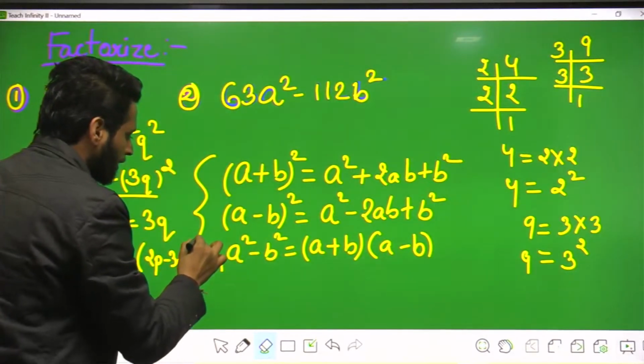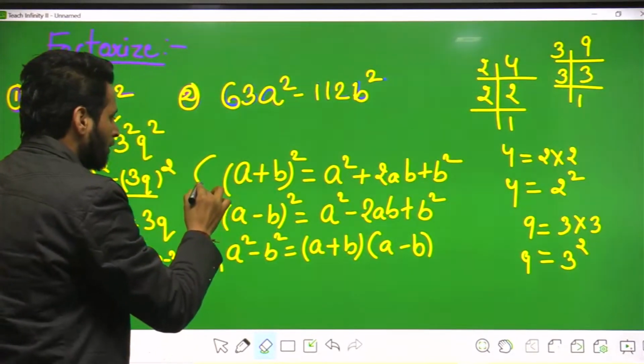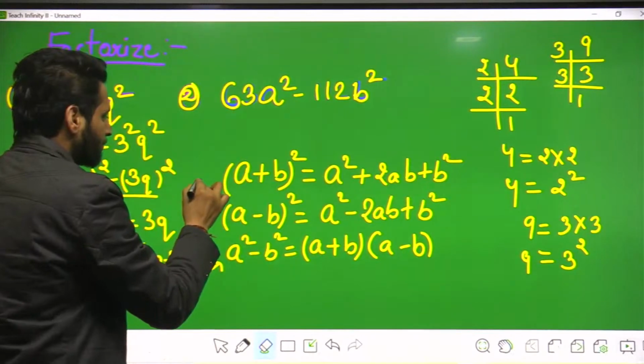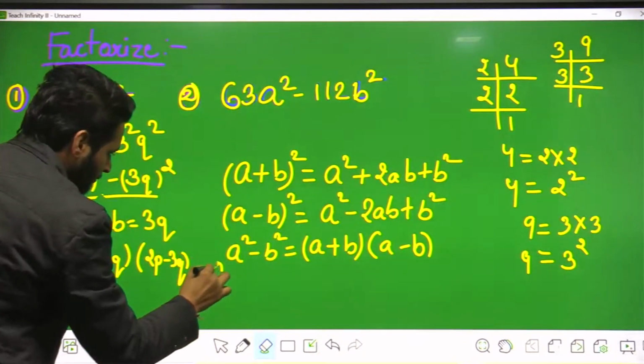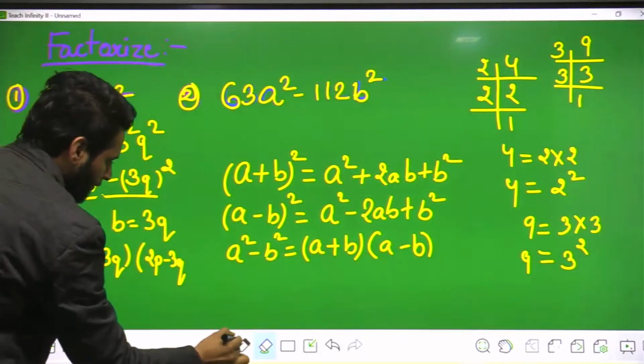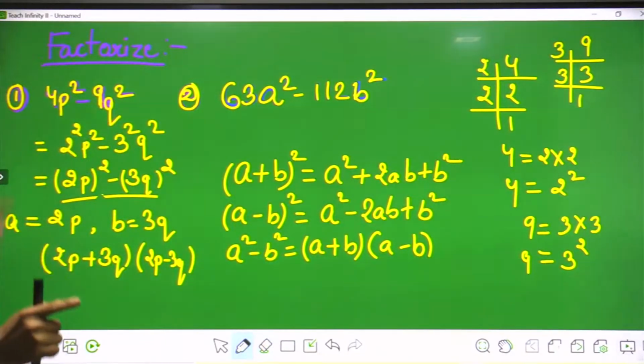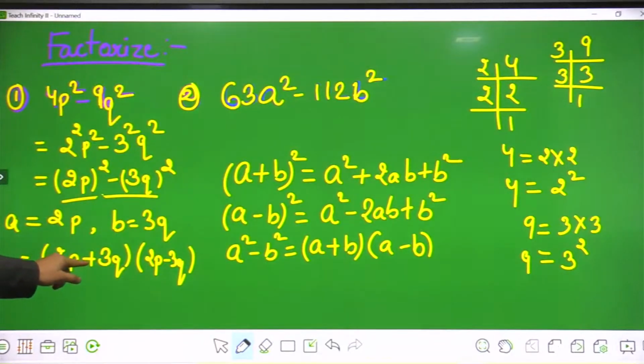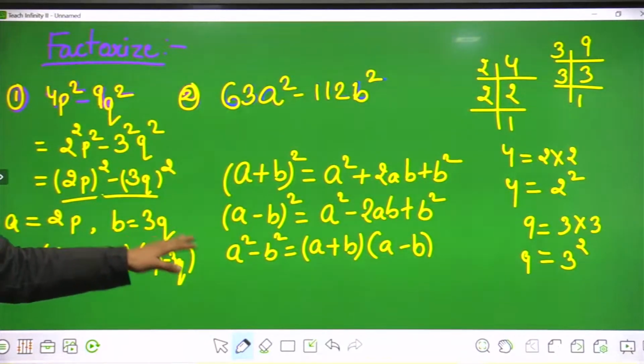So the result of this expression will be 2p plus 3q and 2p minus 3q.